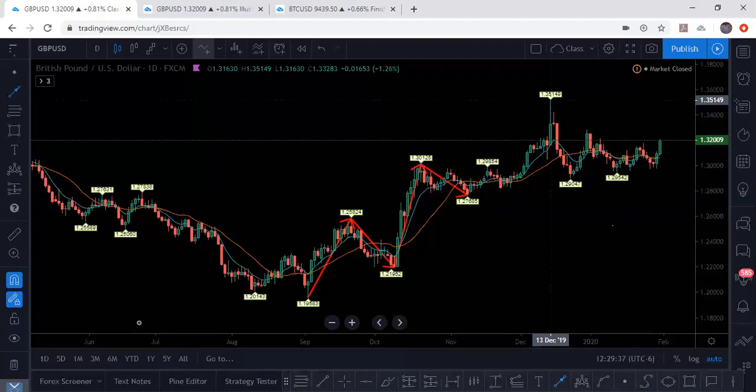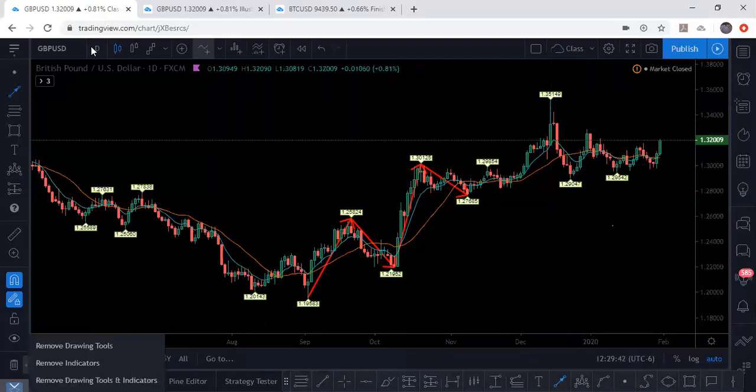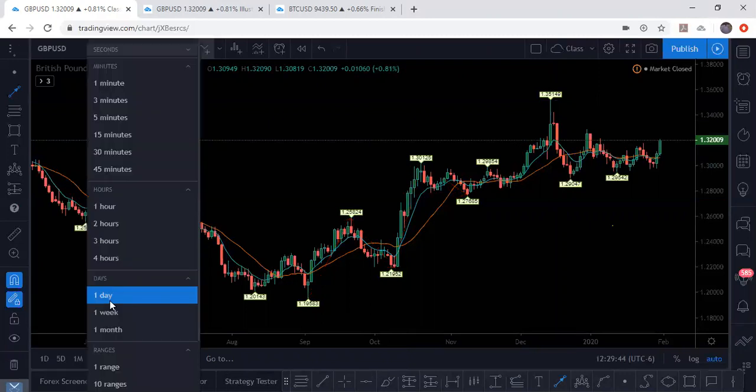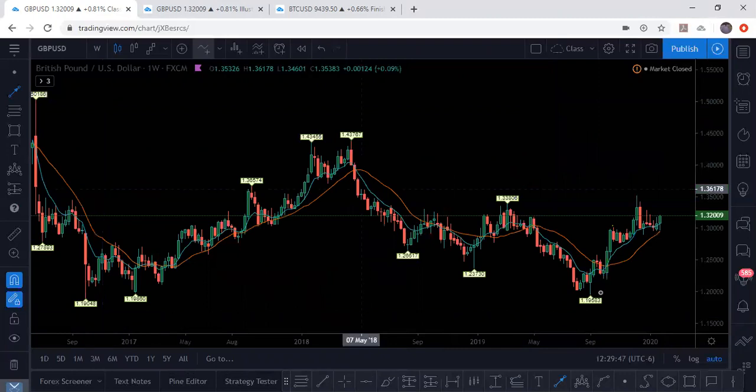But if you check the weekly, right? On a weekly, what did it look like? Take it back. On a weekly, it came down and pulled back.